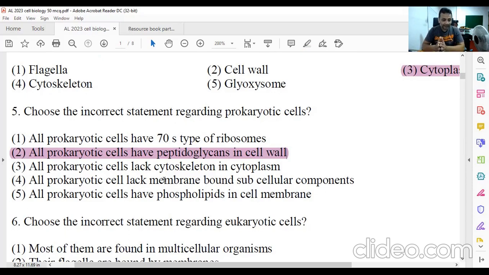And finally, all prokaryotic cells have phospholipids in the cell membrane. Any cell membrane contains phospholipids, whether it is a prokaryotic cell or a eukaryotic cell. So the prokaryotic cell plasma membrane also contains phospholipids.